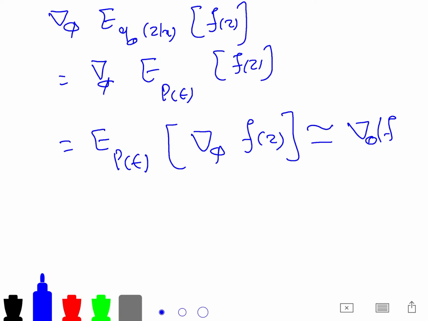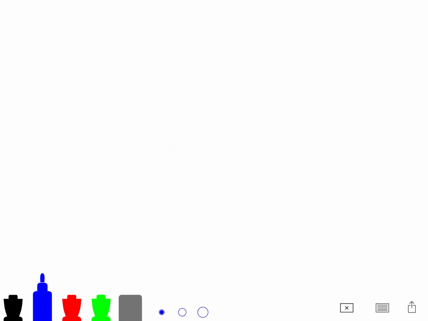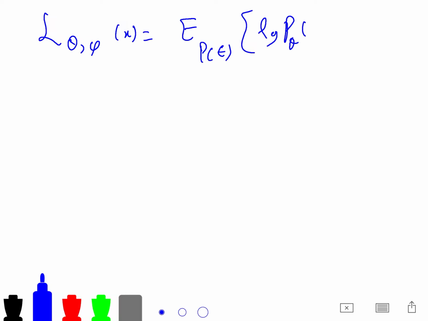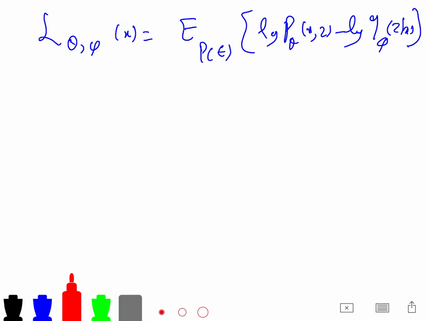The ELBO can now be simplified and written as L theta phi of x: log p theta of x and z minus log q phi of z given x. And you use a simple Monte Carlo estimator of the individual ELBO for theta, phi, and x.